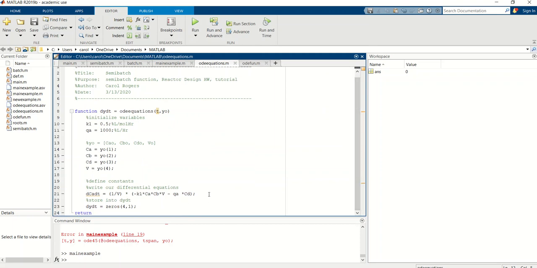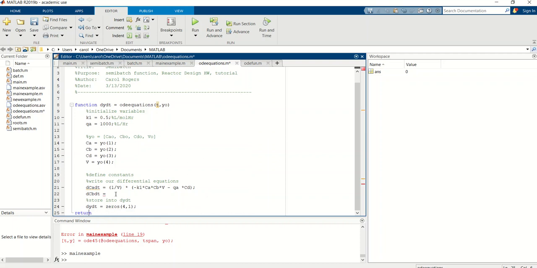So now we're going to write the rest of our equations. dCB dt. And what you call these doesn't really matter. We just need to assign it to a variable, and then we need to be able to store it into our output. So dCB dt equals 1 over v times k2 times cb squared times v.